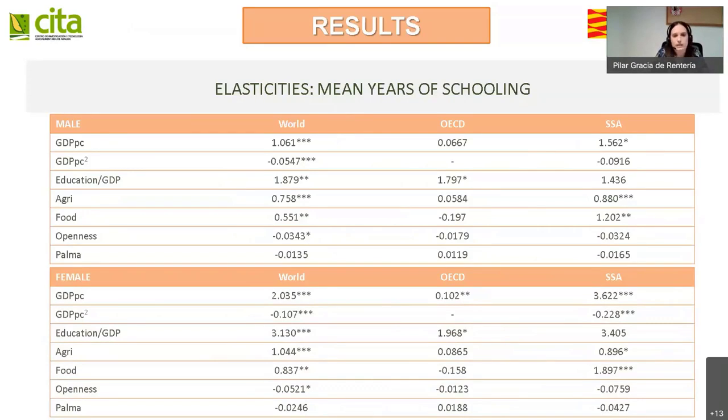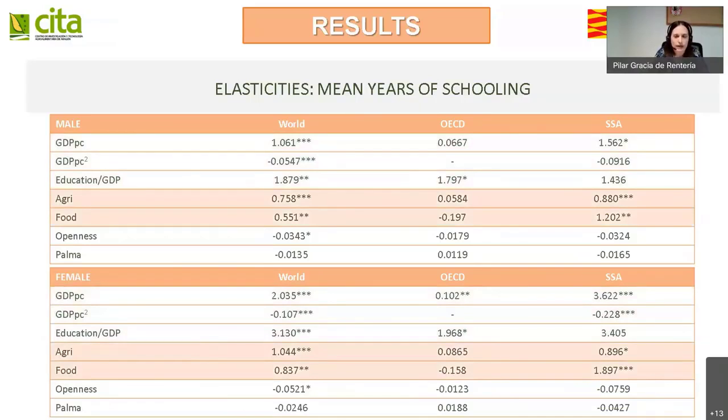And this suggests that future socioeconomic development will tend to reduce the existing education gender gap. Both for male and female, the main drivers of the education indicator are the share of public education expenditure on GDP and the income level, although you can see that the latter effect is found to weaken as per capita GDP increases.